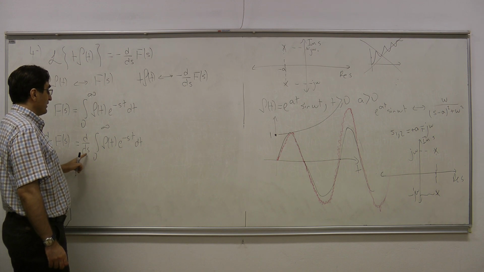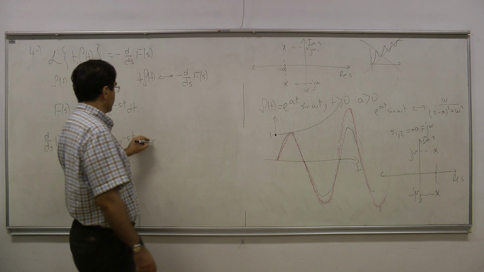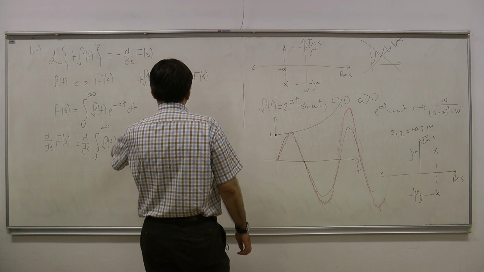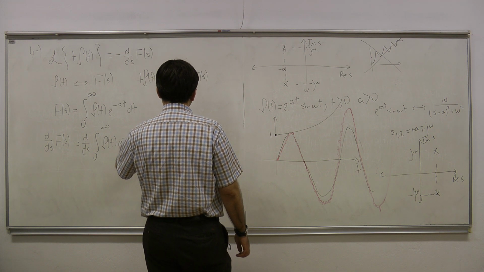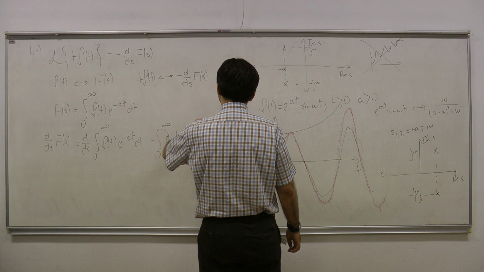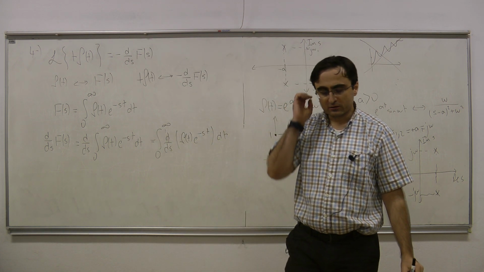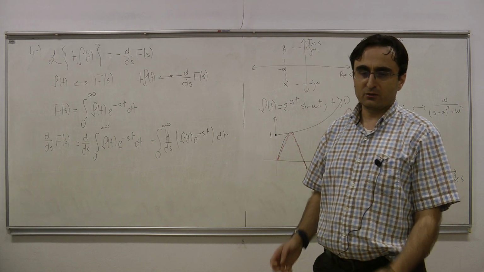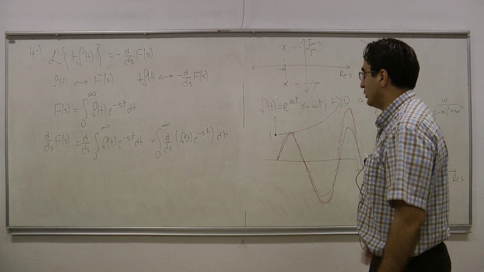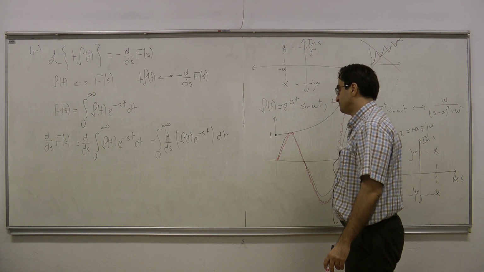So I can actually take this d over ds inside. All right, inside the integral. So I would have 0 to infinity. So I have d over ds, f of t, e to the minus st dt. I just took the derivative inside the integral because the integration variable is independent of the derivative variable here. Of course, if the variables were the same, this wouldn't make any sense.